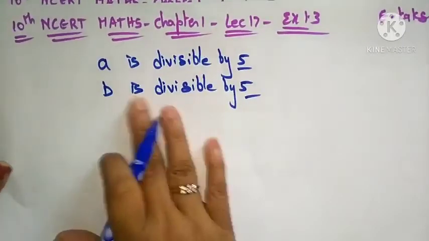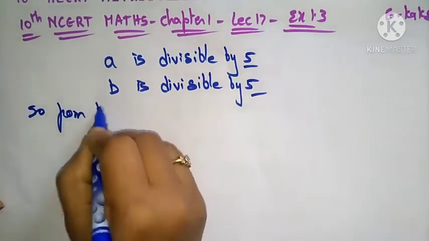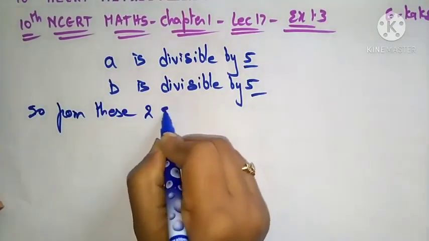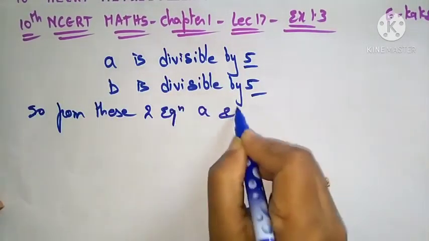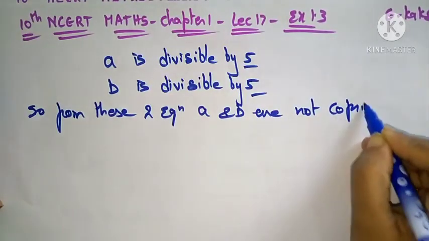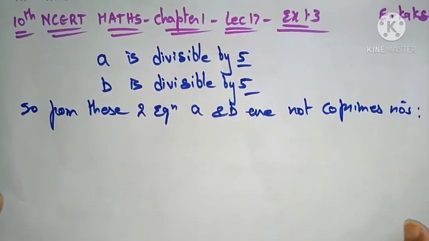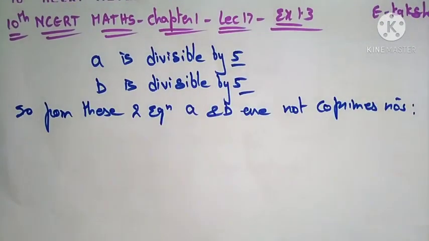So if a is divisible by 5 and b is divisible by 5, then from these two equations a and b are not co-primes. How can you say those are not co-prime numbers? Because both have the common factor 5. No common factor should be there if the numbers are co-prime.